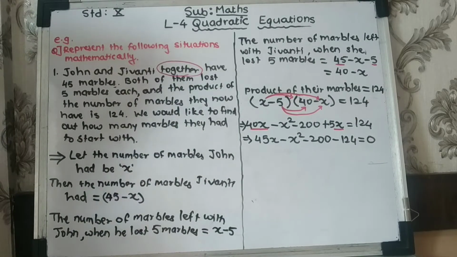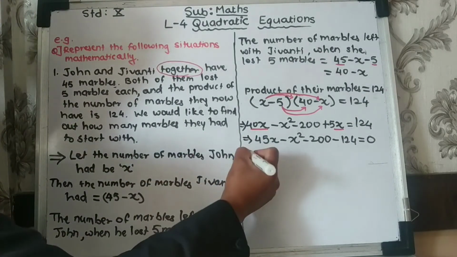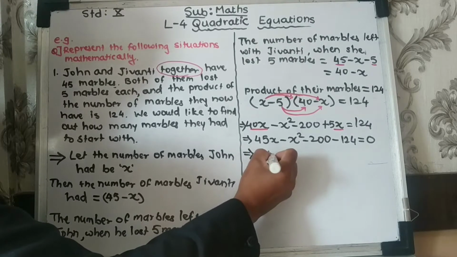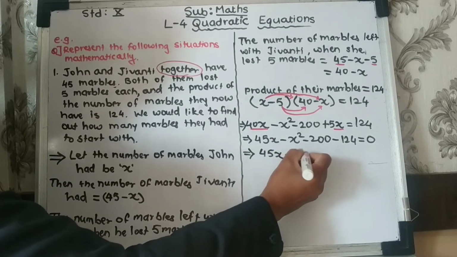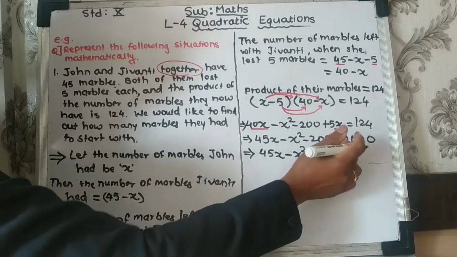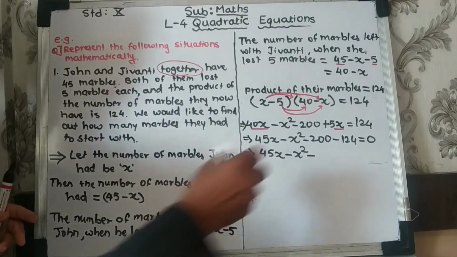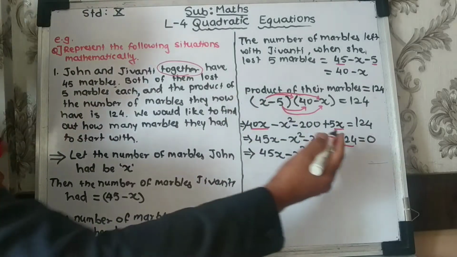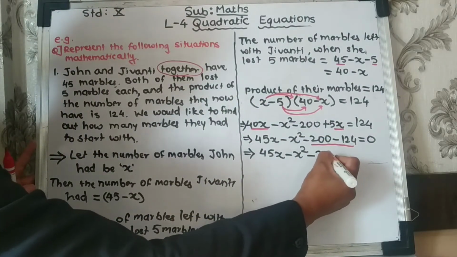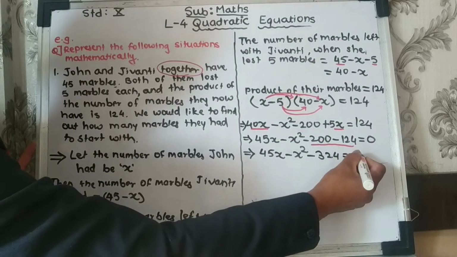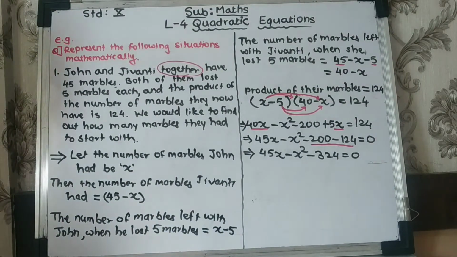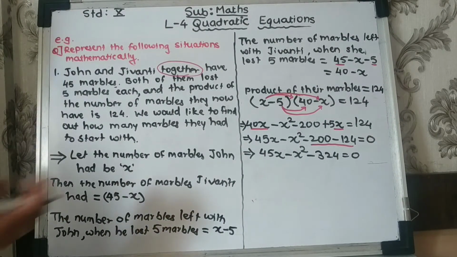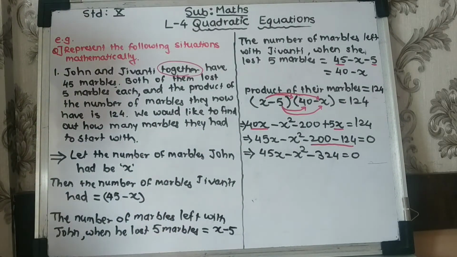Now, 45x, next step, minus x square, minus these two we are going to do addition, because minus plus is plus. So minus 324 equals to 0.